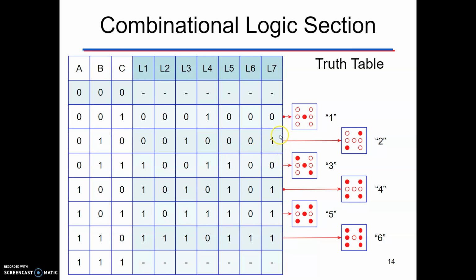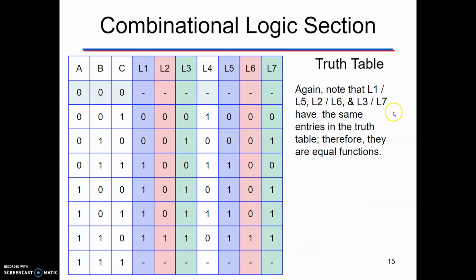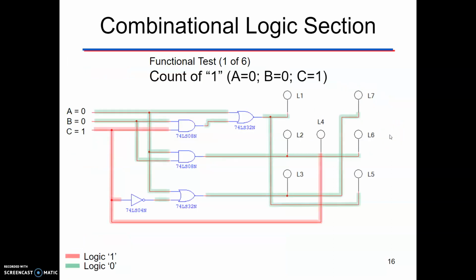So this is the sequence in which we would have to have the outputs and inputs come through in order to be able to create these numbers. Again, note that these numbers have the same entries in the truth table, so that means they're equal functions. So don't be surprised if you see multiple functions as the same inside of a truth table.